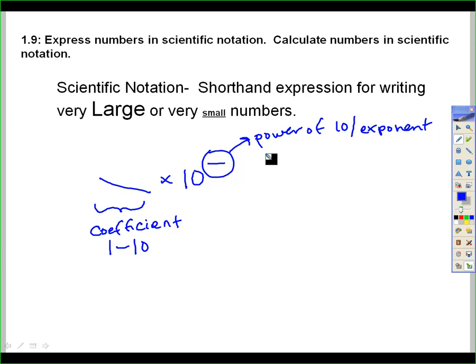And this number might be positive, which would mean we're going to multiply the coefficient by 10 that many times.